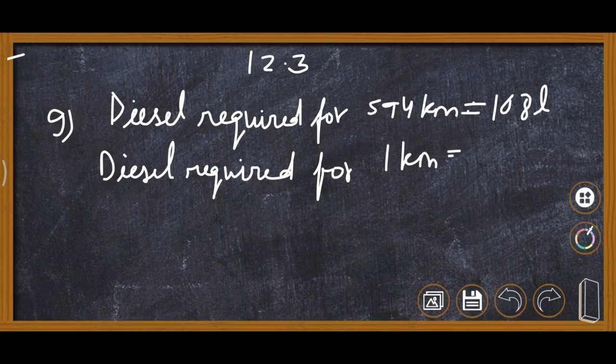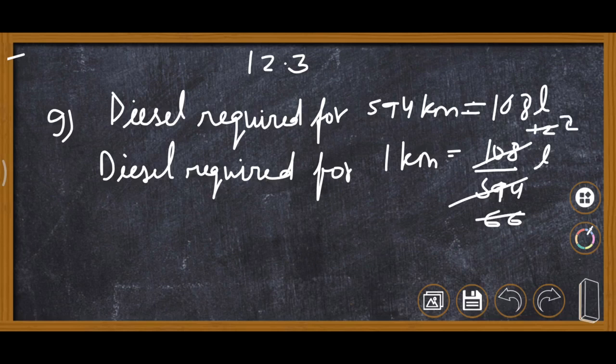Then it is 108 upon 594 liter. After that we will find, here it can be cut by 2, it can be cut by 9 directly. We will cut it by 9. This is 12. 9 sixes are 54 and again 6 sixes. Now by 6 it is 2 and it is 11. So here you can see this is 2 upon 11 liter.